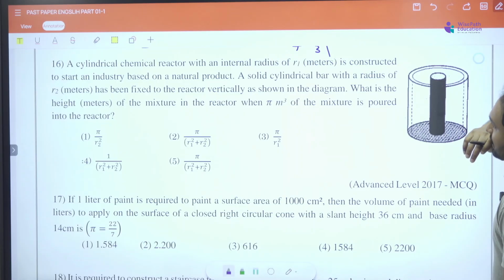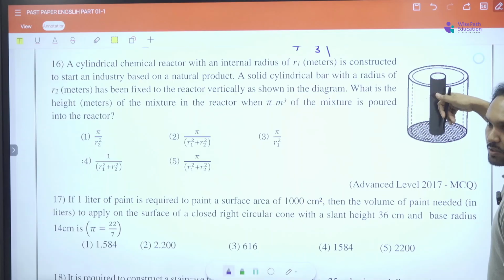As shown in the diagram, what is the height of the mixture in the reactor when 5 cubic meters of the mixture is poured into the reactor? So once the 5 cubic meter volume is poured inside, they are asking for the height of the liquid that is poured.